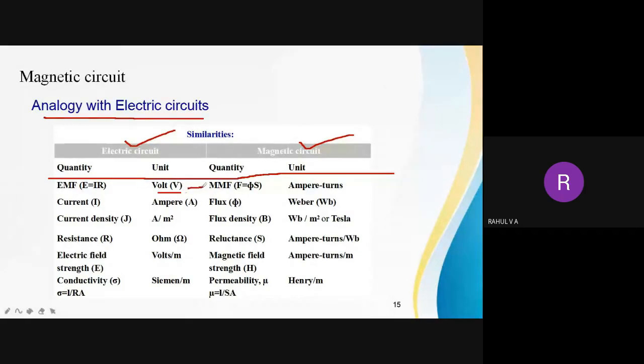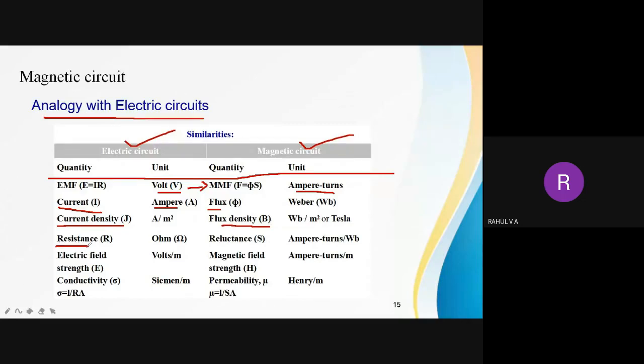Similar to that, in magnetic circuit we have magnetomotive force, F is equal to phi into S, unit is ampere turns. In electrical circuit we have current, unit is ampere. Similar to current we have flux in magnetic circuit, unit is Weber. Then we have current density J, ampere per meter square. There we have flux density B, Weber per meter square or Tesla.